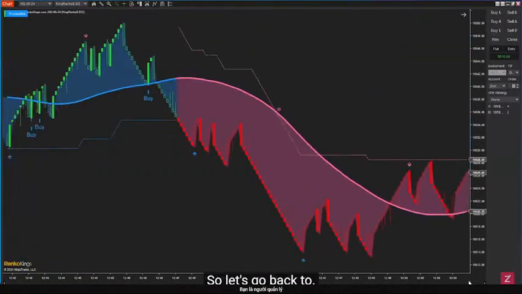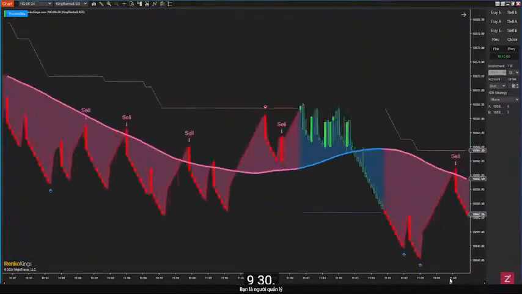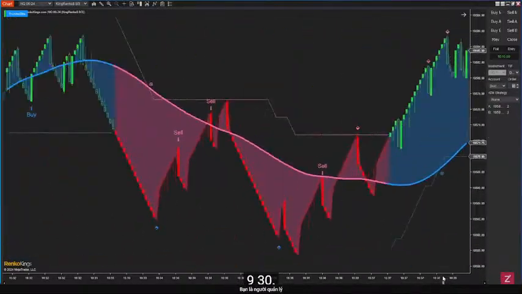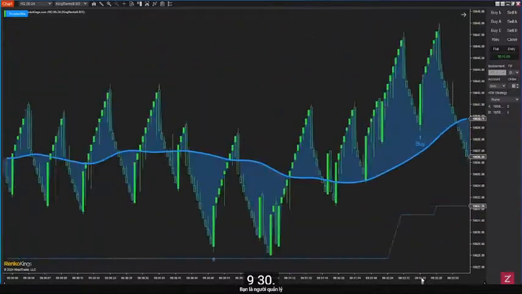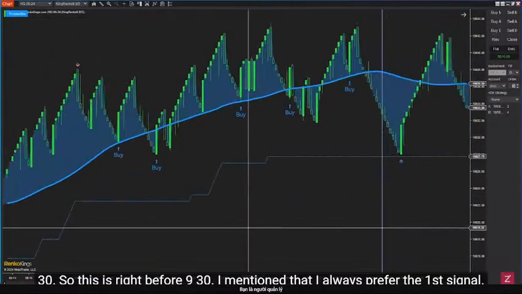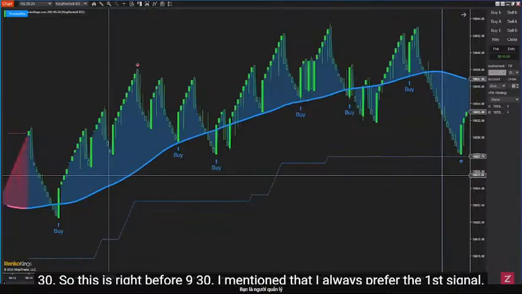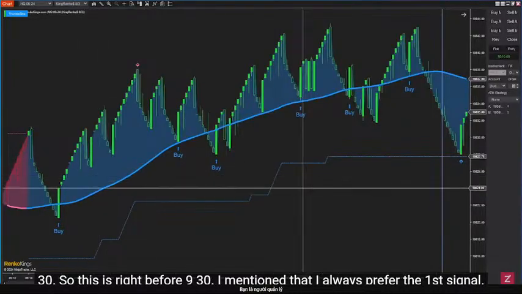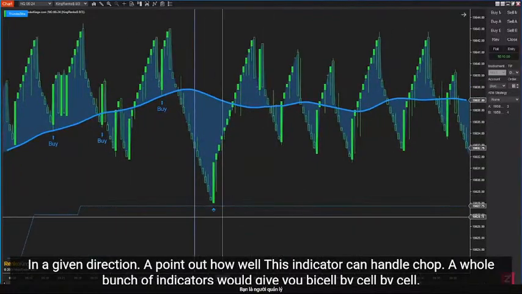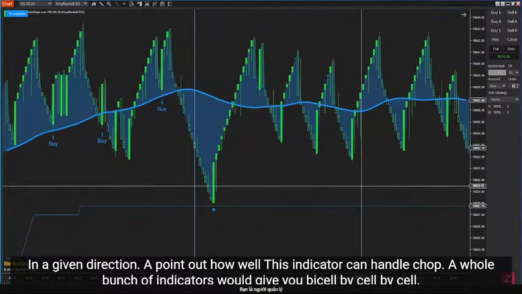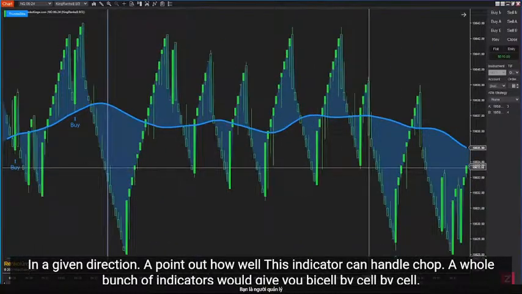So let's go back to 9:30. So this is right before 9:30. I mentioned that I always prefer the first signal in a given direction. I pointed out how well this indicator can handle chop. A whole bunch of indicators would give you buy, sell, buy, sell, buy, sell.